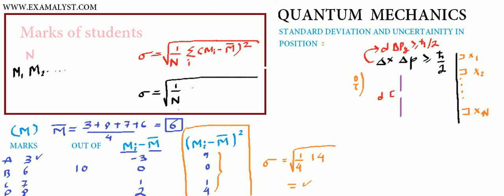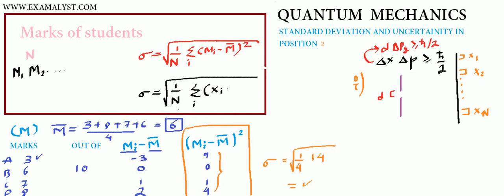Now, what will be the uncertainty in the position? That will be 1 by n, summation over i. What will this be? This will be the value of position xi where the electrons are likely to be found. So what is xi? xi are the places where the detectors are kept, or the positions where we will find the electrons.